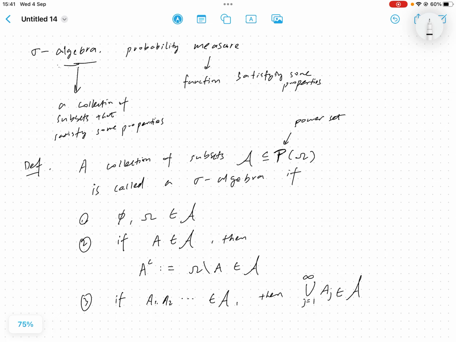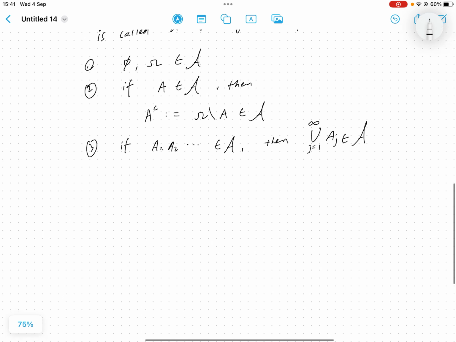So what is Borel sigma algebra? Sometimes we can see this in some papers with probability or something using measure theory or sigma algebra. You can see this Borel sigma algebra.